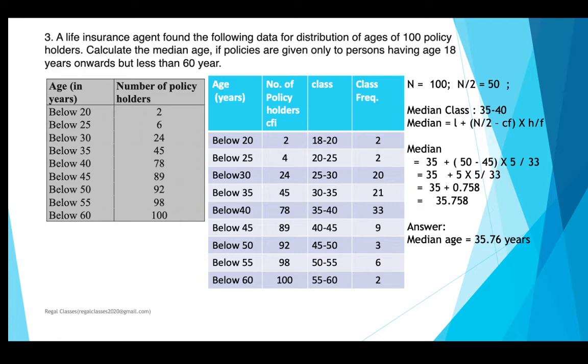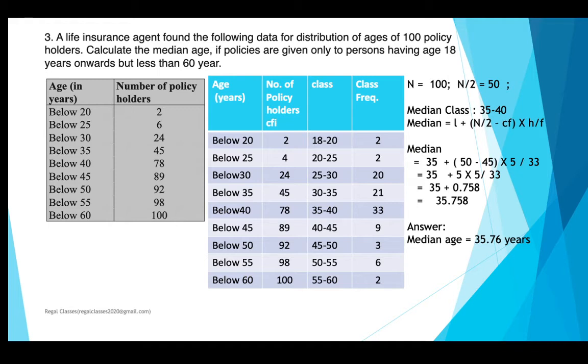How to calculate the median? Now n is equal to 100. Divide by 2, you have 50. The median class is 35 to 40. How to see that? In the cumulative frequency, we have 45 for 30 to 35 and 78 for 35 to 40.